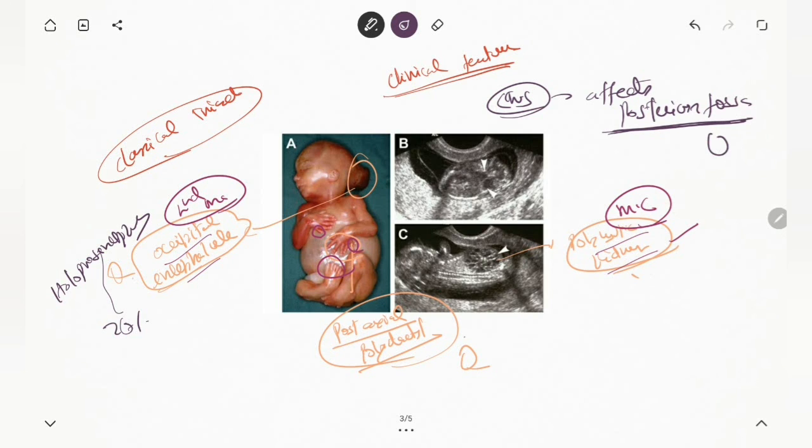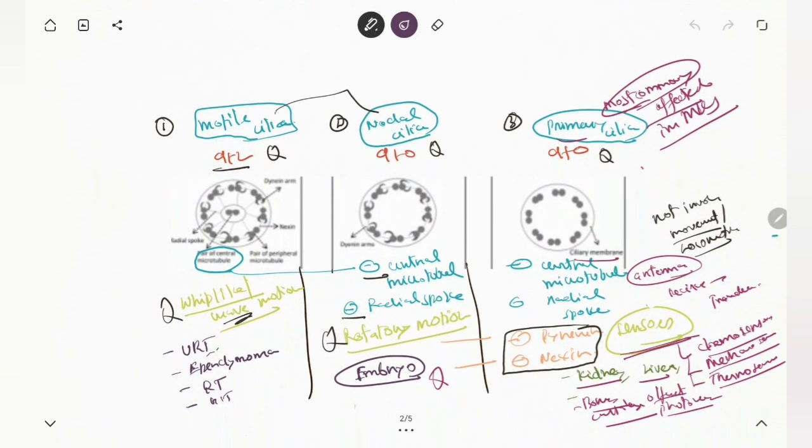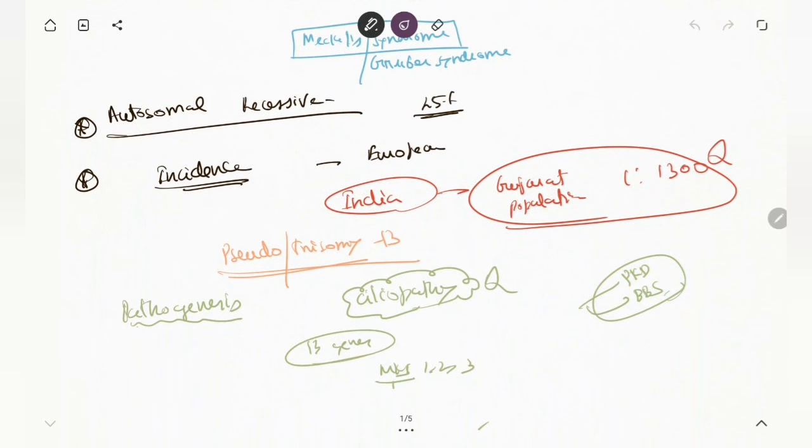This can also be asked: in Meckel's syndrome, the most affected part of the brain is the posterior fossa. Next, I have told a picture on cilia. In this, the most commonly affected is the primary cilia. Coming to incidence in India, the Gujarat population is most commonly affected, with an incidence of 1 in 1300.